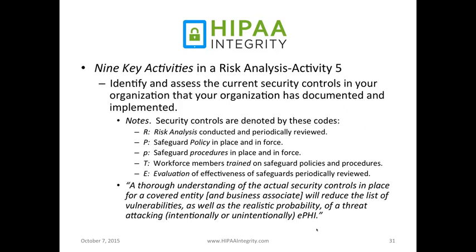A thorough understanding of these controls for a covered entity or business associate will reduce the list of vulnerabilities as well as the realistic probability of a threat attacking your EPHI.